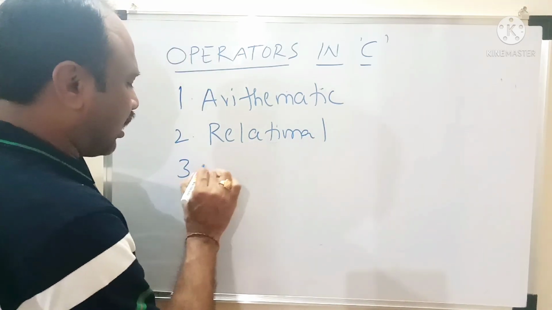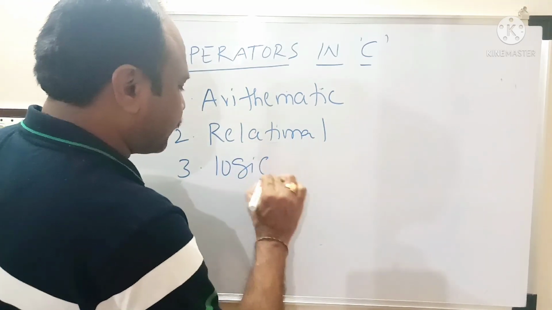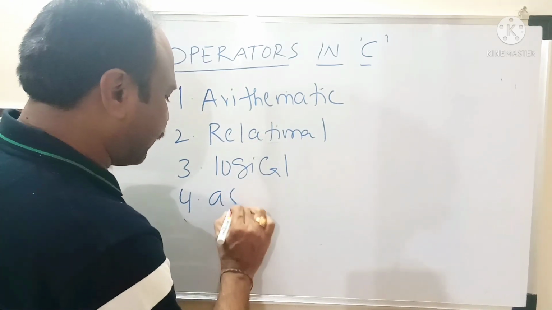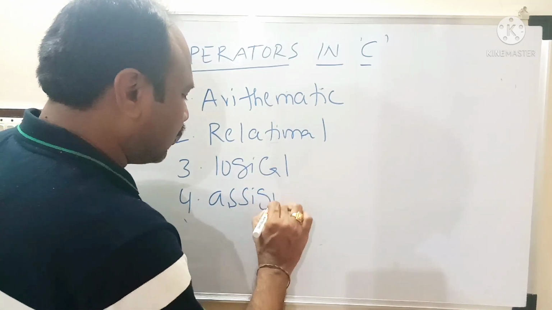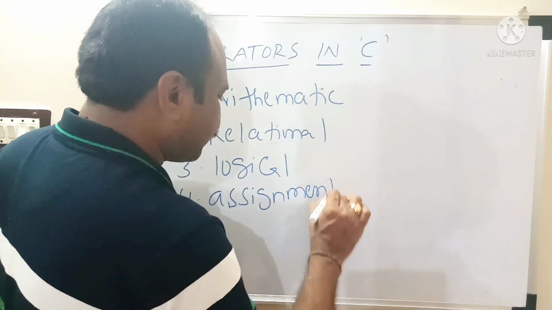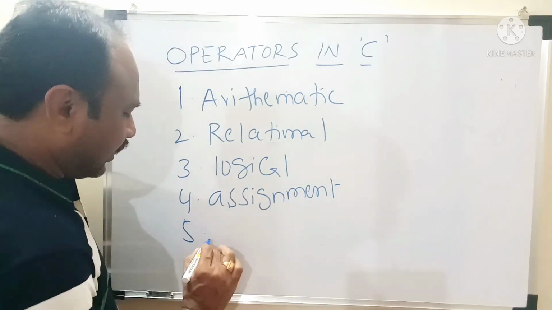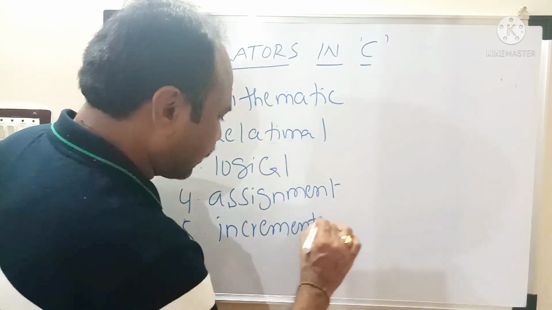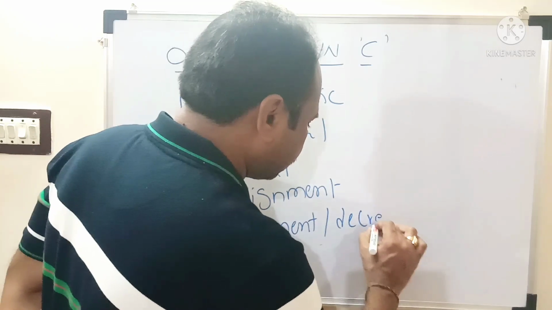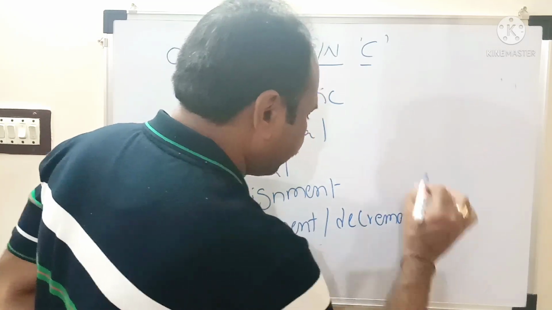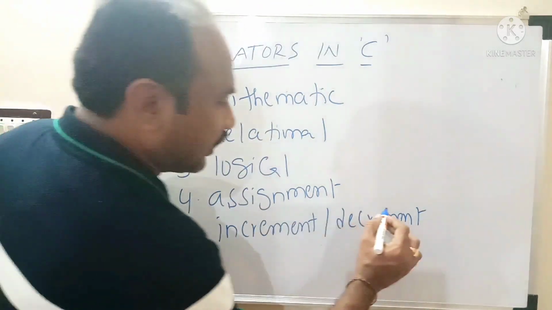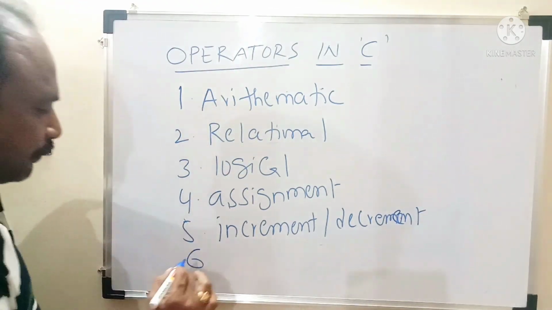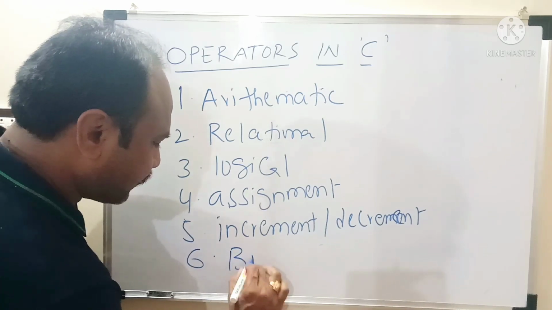Number 3, logical operators. Number 4, assignment operators. Number 5, increment/decrement operators. Number 6, bitwise operators.